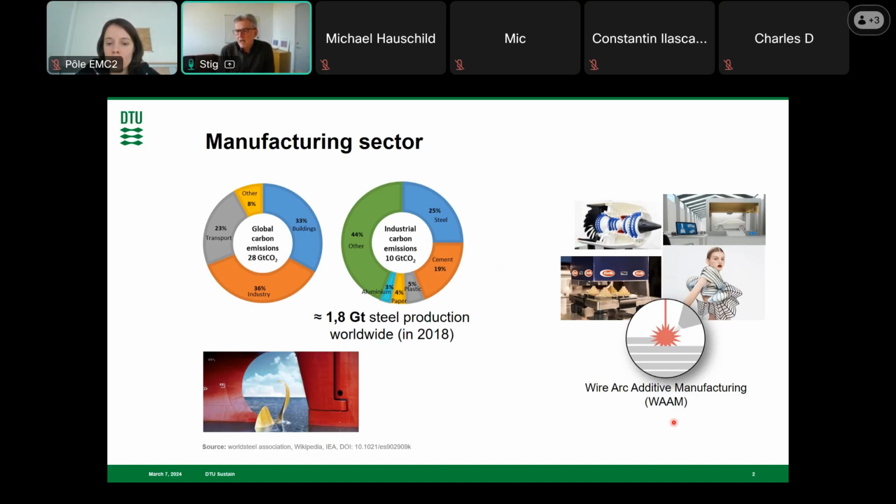So wire arc additive manufacturing can contribute by using less steel, making the products leaner and optimizing their weight, etc. So by this 3D printing, we have some potential for using WAAM to reduce emissions.